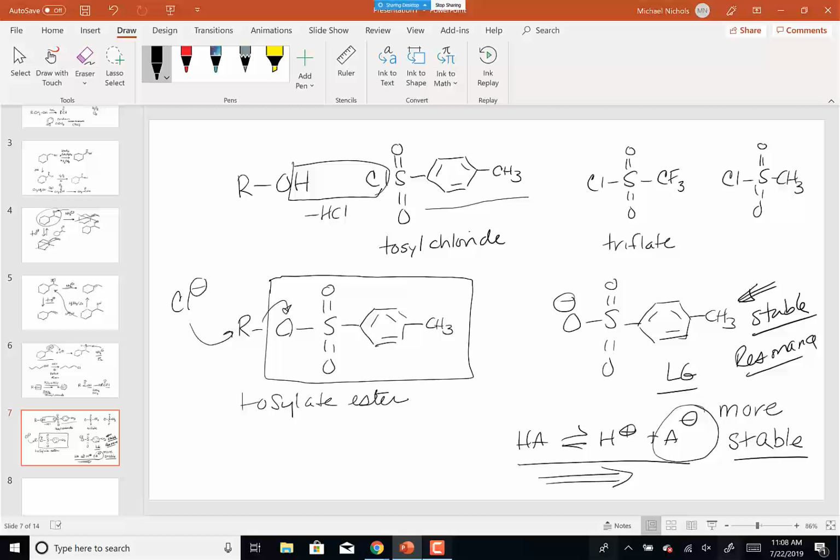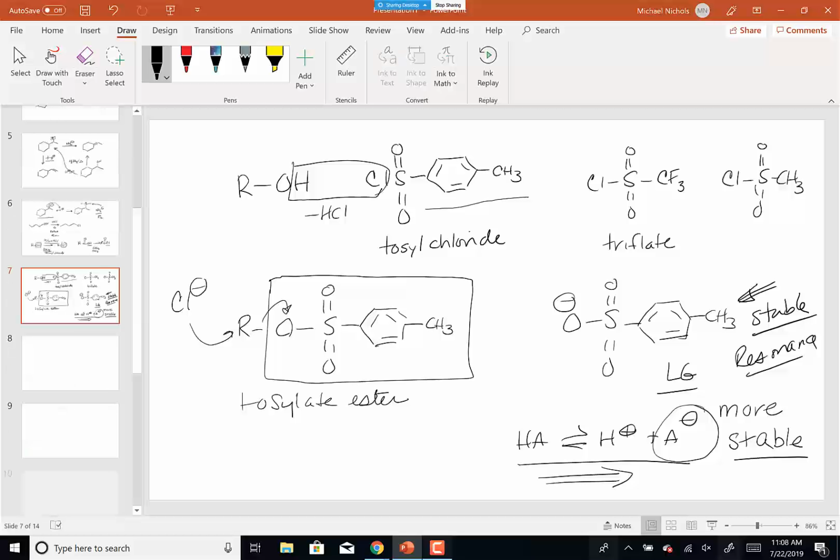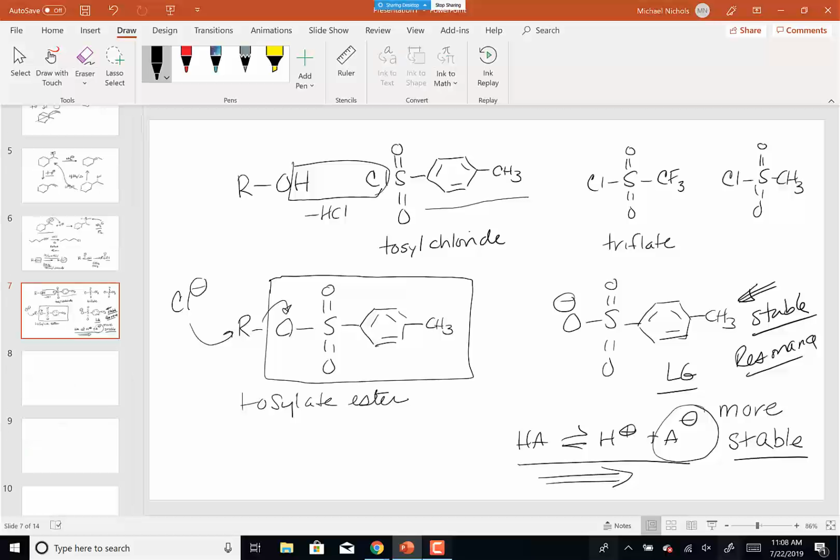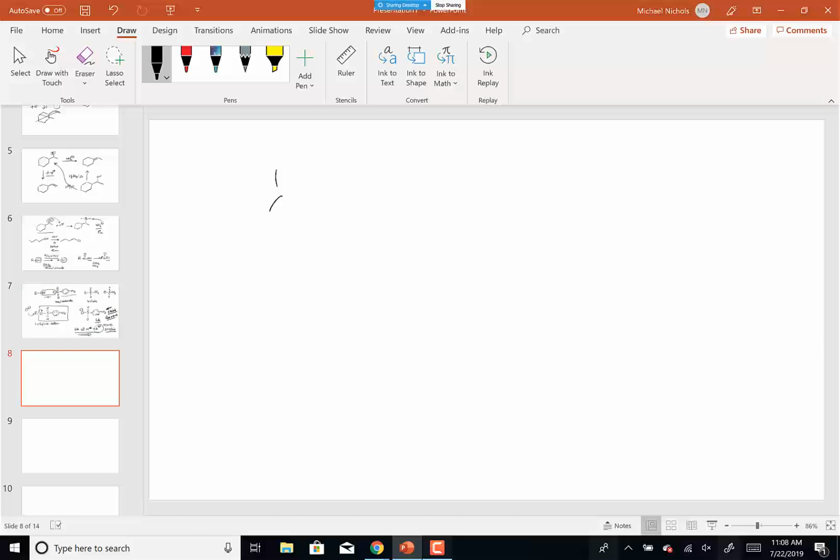So if I want to do E2 reactions of alcohols, and also SN2 reactions of alcohols, so if I want to take my alcohol and either do an E2 reaction to form a carbon-carbon double bond, or an SN2 reaction to replace that OH with some other group, I need to convert the alcohol into a good leaving group. In the past, we've used acid.